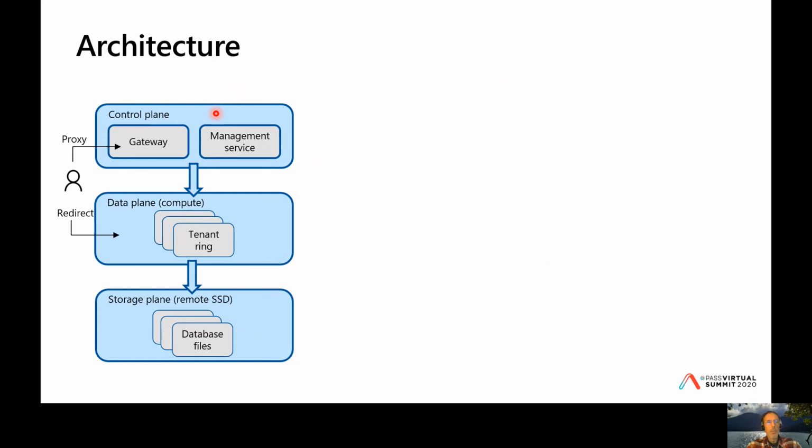There's the management service as well that handles DDL operations like create and drop. And then sitting below the control plane is a data plane, which contains tenant rings, which are collections of physical machines that provide the compute to power the databases. And then below the data plane is a storage plane, which contains the database files that are located on remote solid-state disks.